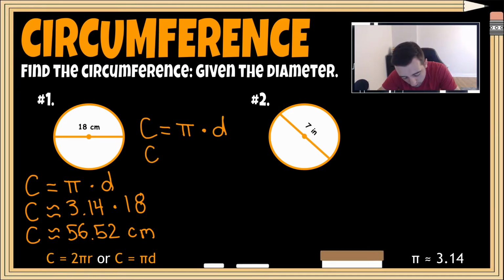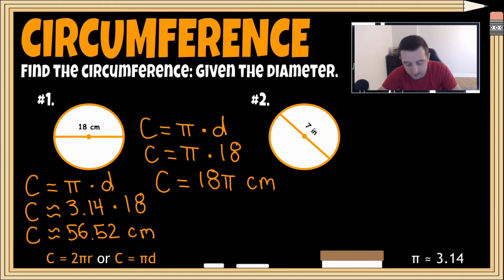So C equals pi times 18. And pi times 18 is really just 18 pi. So your circumference would equal 18 pi. And then again, we're dealing with centimeters. So 18 pi centimeters. I've seen questions multiple times where it says, leave the answer in terms of pi. You would do it this way, 18 pi centimeters. Just don't plug in a number for pi at all.